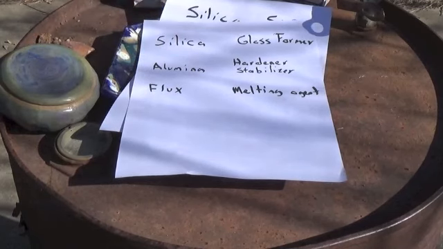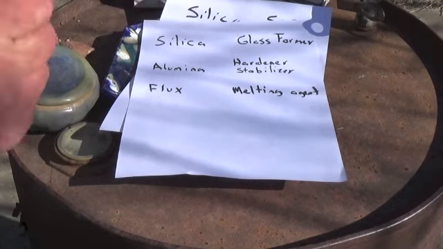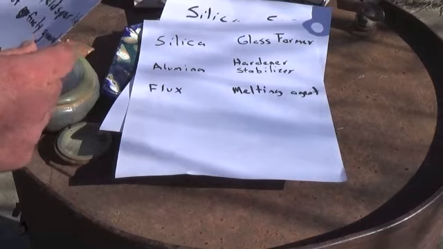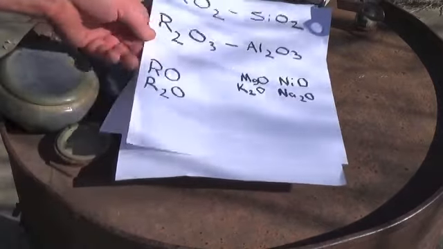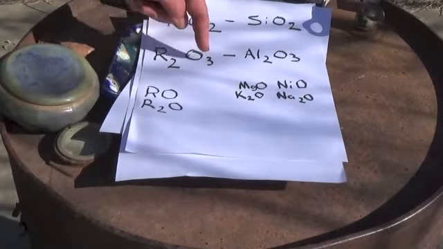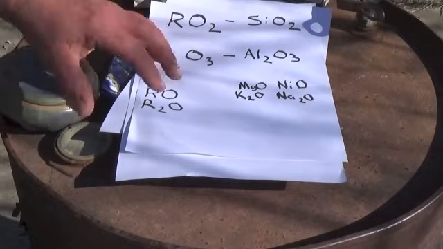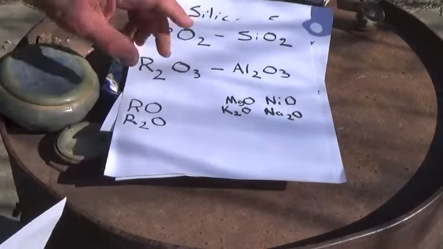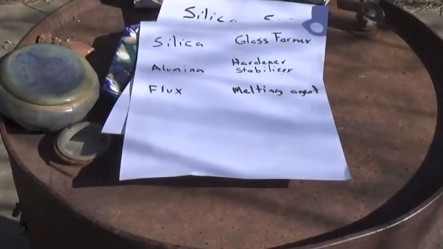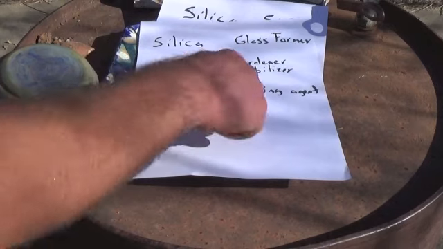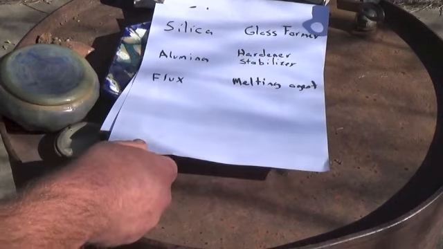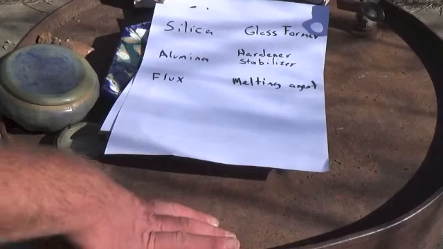However, like I said, sometimes boron takes on the form R2O3. The hardener has a form like that. There's other things that go into a glaze that have that form other than alumina, but that's the main one. And then you have flux, which are the chemicals that you add to make the glaze melt.